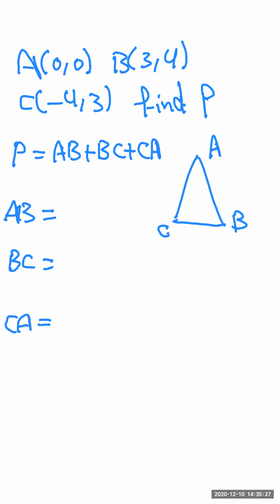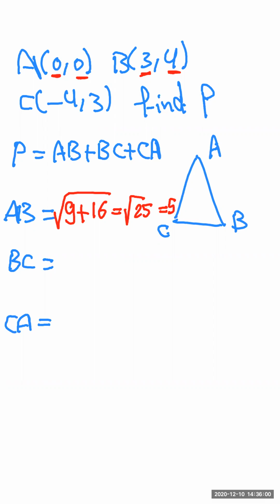Okay, AB, the first one, x2 minus x1, so 3 minus 0, so 3. So 3 squared means 9 plus y2 minus y1, so 4 minus 0 means 4. 4 squared means 16. So it will equal the square root of 25, which will equal 5.